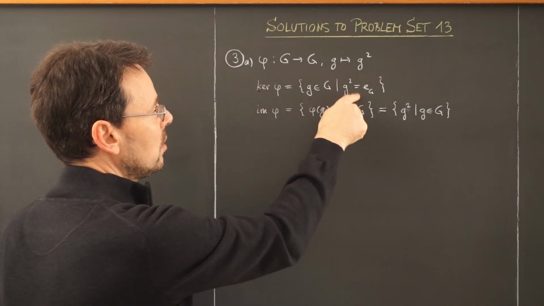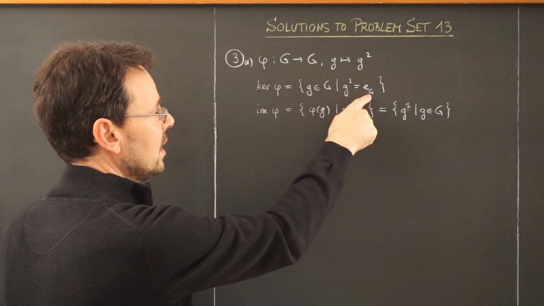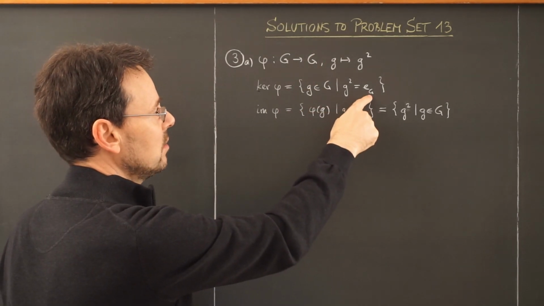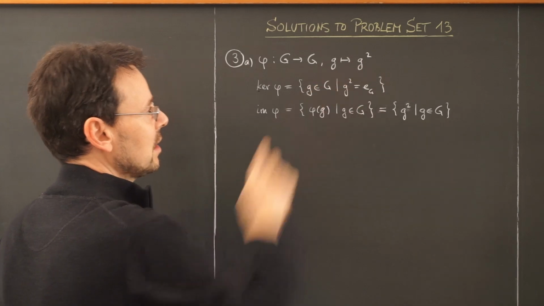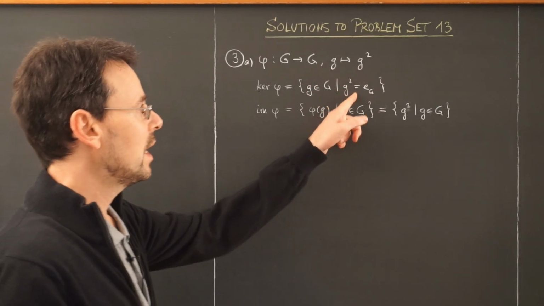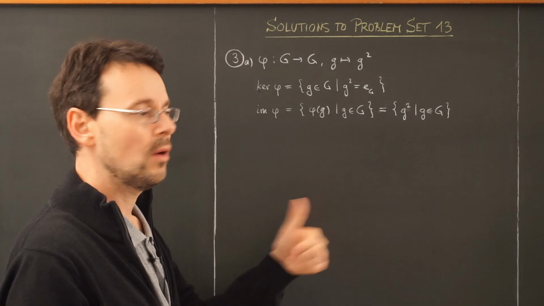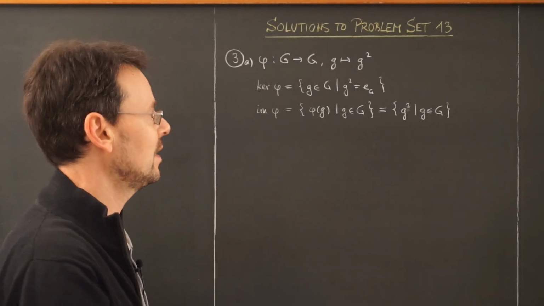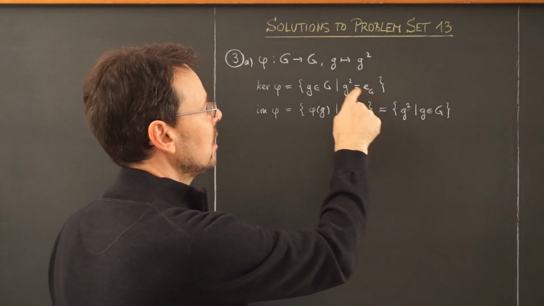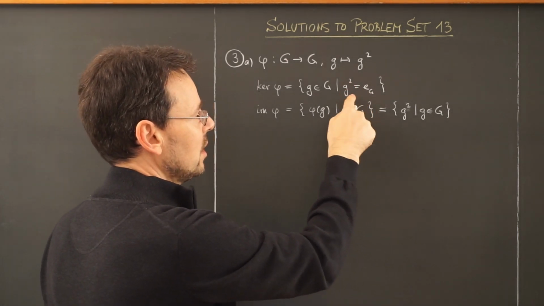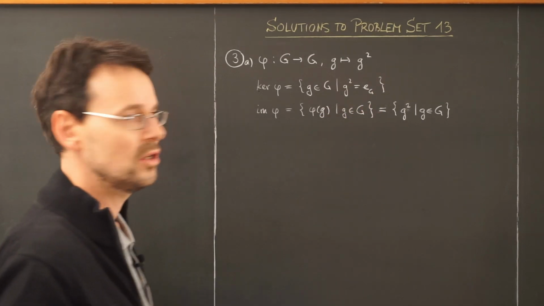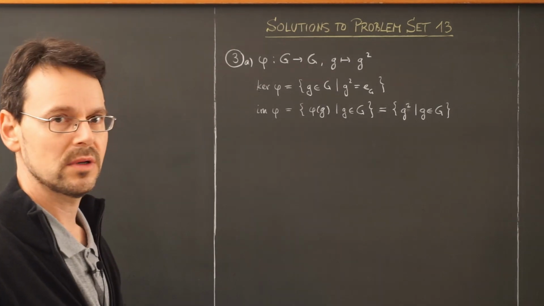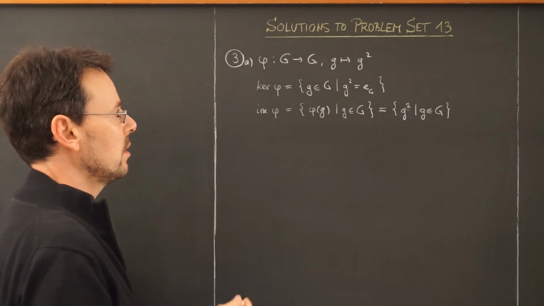By definition, all the elements that get mapped to the identity of the codomain, which is the same as the domain here, so the identity of G. And this exactly means these are all the elements of order 2 or the identity. The identity itself has order 1 because it is already the identity to the power of 1. And the other elements that are not the identity and fulfill this have by definition order 2. So the kernel consists of all elements of order 2 together with the identity.